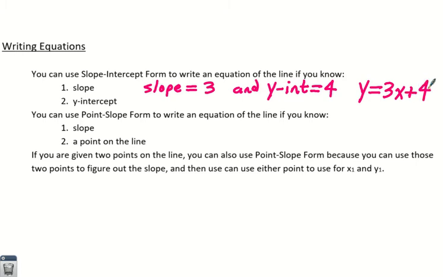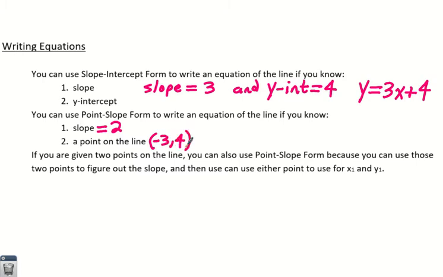Now, you can use point-slope form to write an equation of a line if you are given this information openly and freely. Again, this is the perfect ingredients for y equals mx plus b, and these are the perfect ingredients for y minus y1 equals m times x minus x sub 1. So what if they told you that the slope was 2 and a point was negative 3 comma 4?